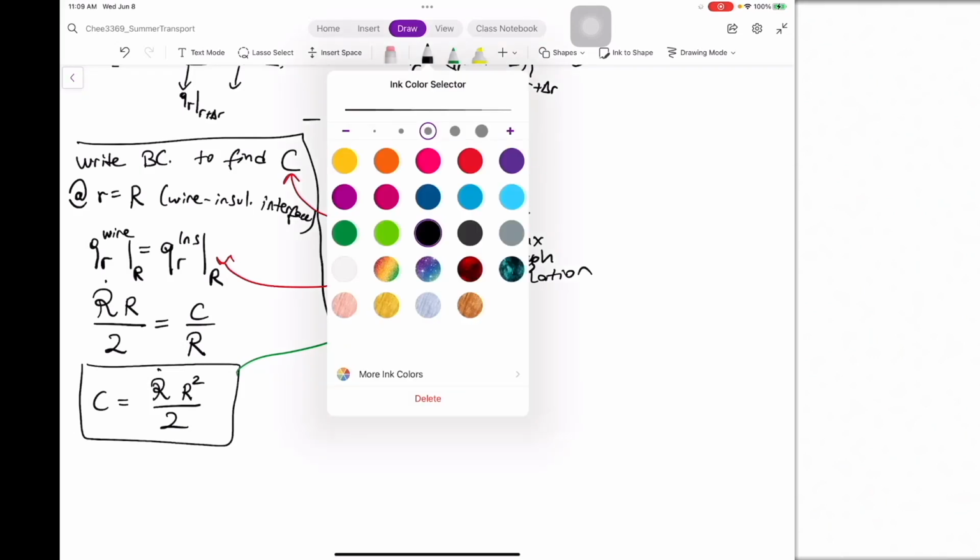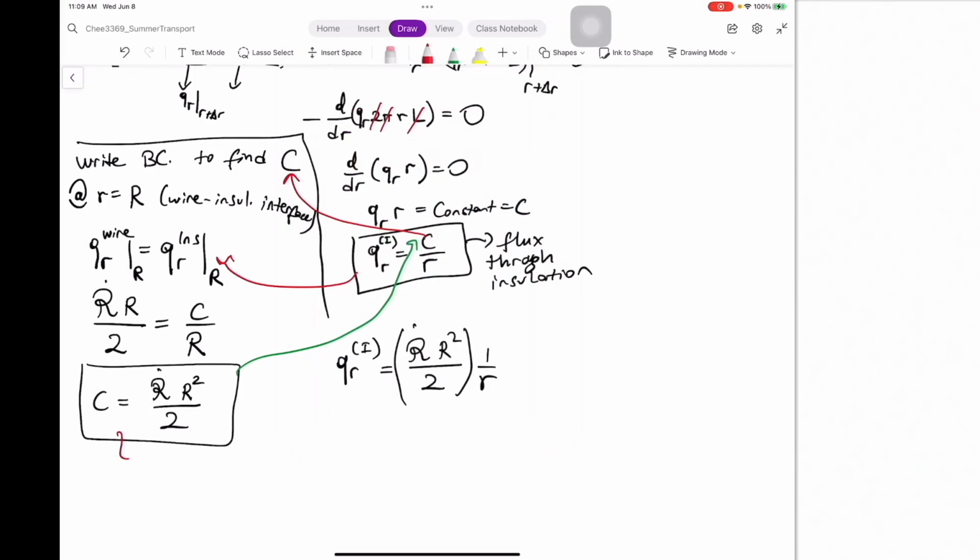That's a great point, thank you. And who's asking that? Domingos? Excellent question, Domingos. The units: as you can see here, the R dot has the units of joules per meter cubed, the volumetric heat generation rate per unit time, and R squared is meter squared. The 2 doesn't have any units.